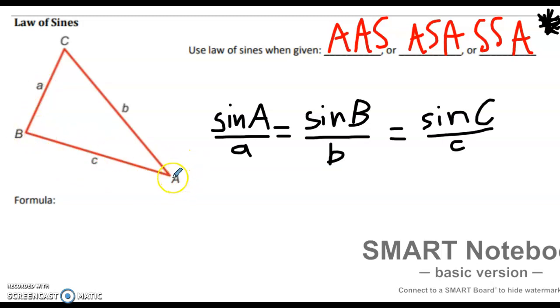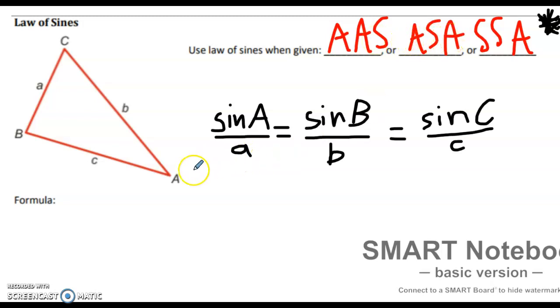So if we have angle A and angle B and side A, or angle A and angle B and side B, then we can use the law of sines because we could do the sine of A over A and the sine of B over B or whatever. So that's one combination that we can use law of sines for.